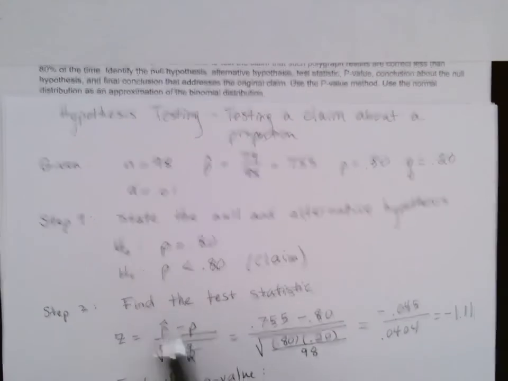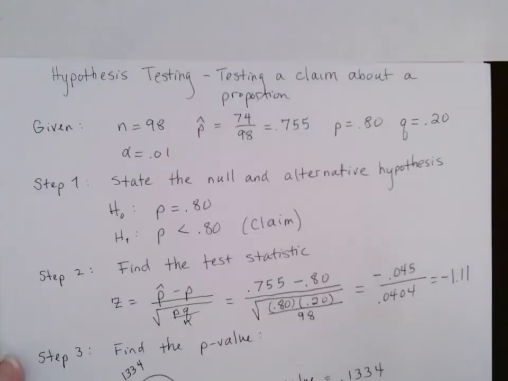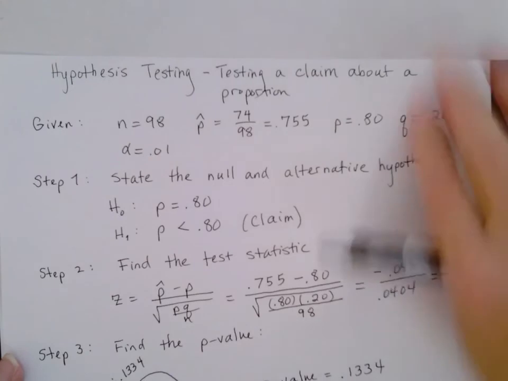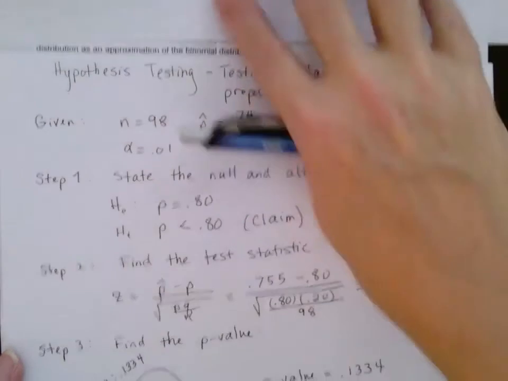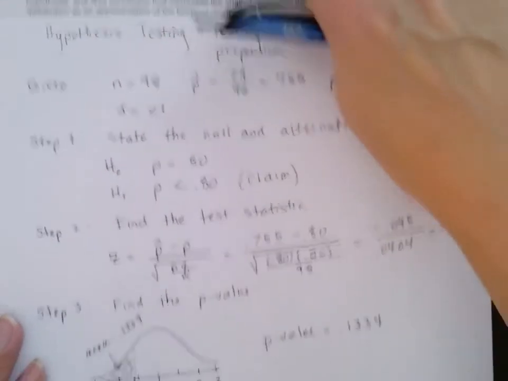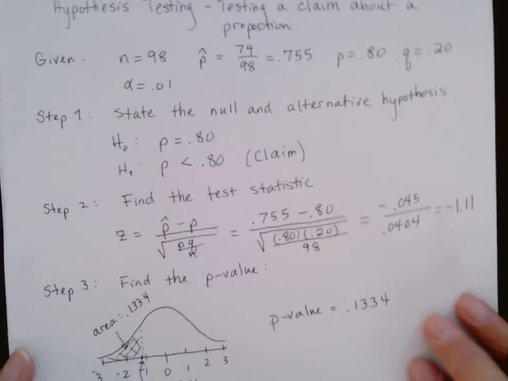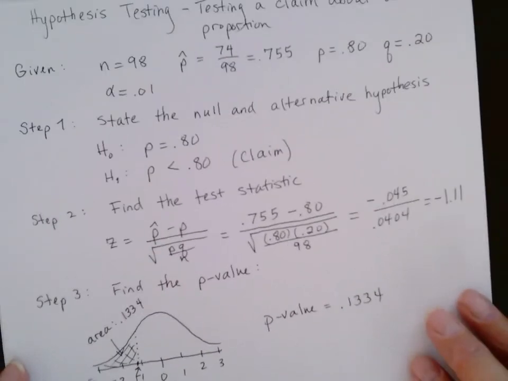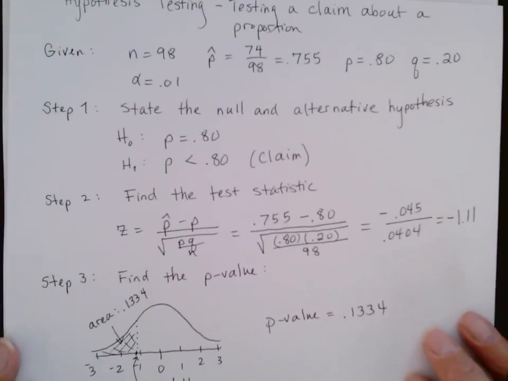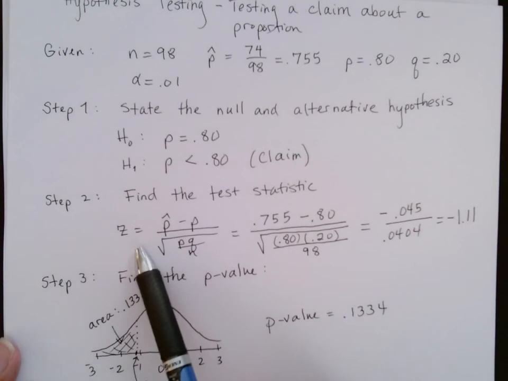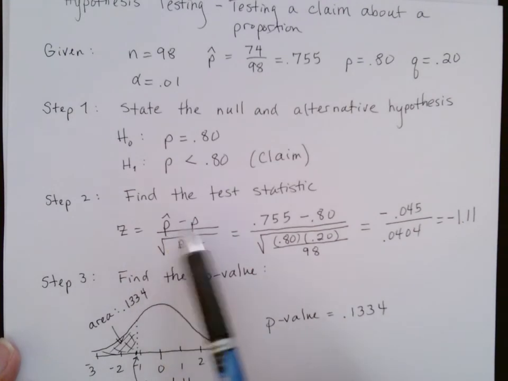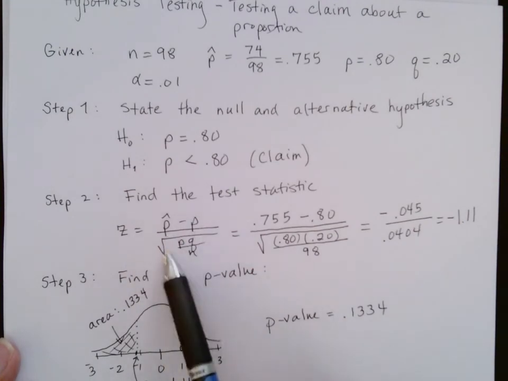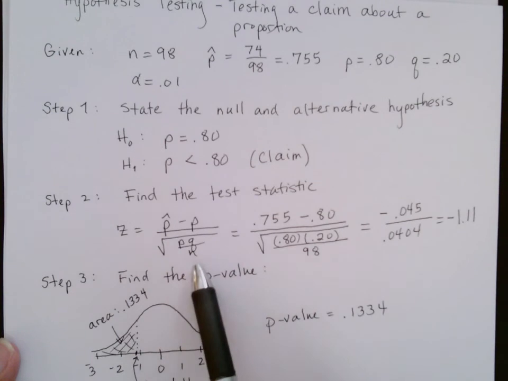In step 2, I want to find the test statistic. Since we're dealing with a proportion and using the normal distribution, this is the formula you'll use to find the test statistic z. It's p hat minus p divided by the square root of p times q over n.